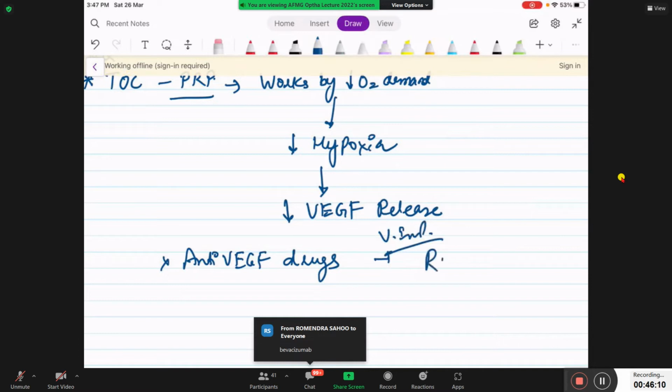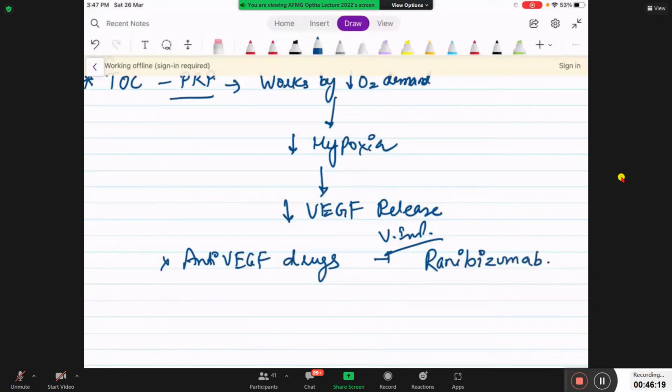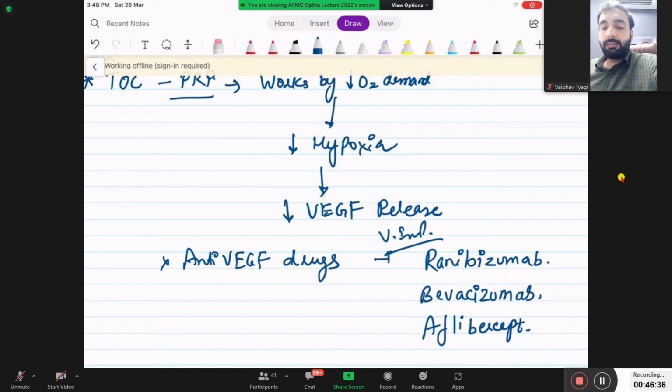You have to remember the names. You cannot afford to miss the names. Ranibizumab. Second is Bevacizumab. And third is Aflibercept. Very, very important: Bevacizumab, Ranibizumab, and Aflibercept. All of the three anti-VEGF drugs are important. So we can also give injections of these anti-VEGF drugs.